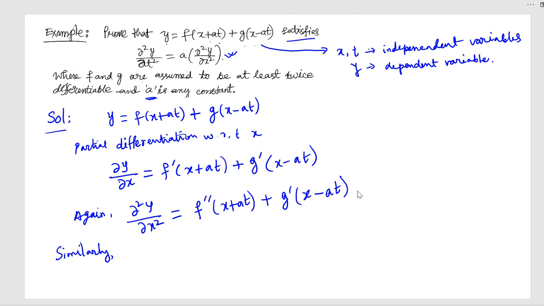Similarly, you can differentiate with respect to t, del y del t.